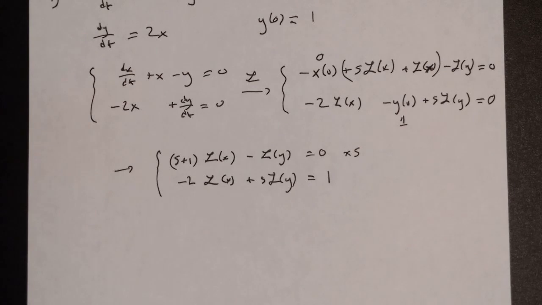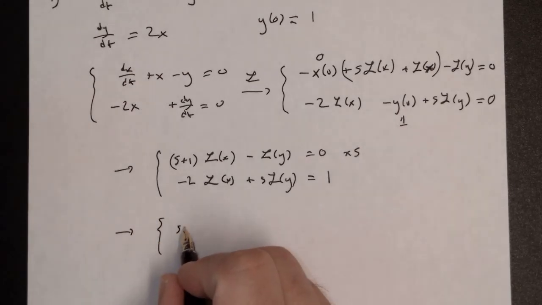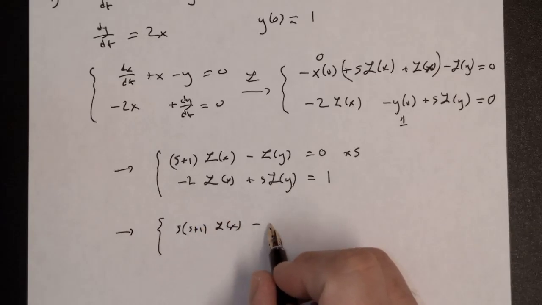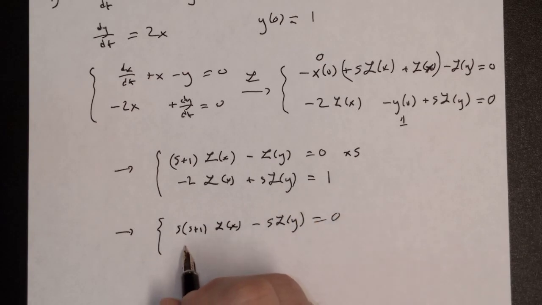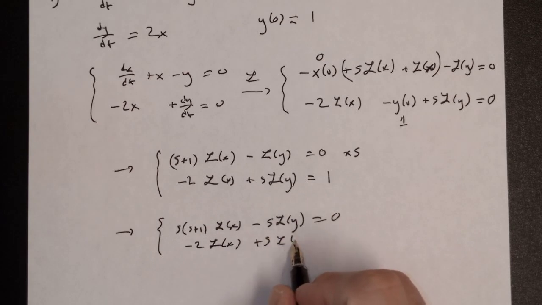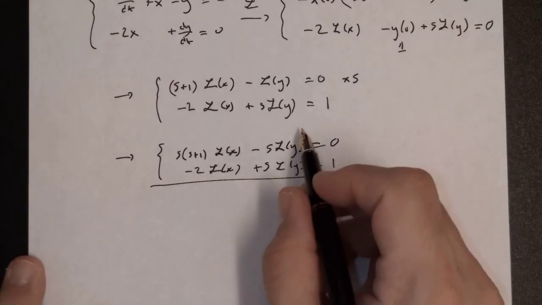Times s. And I get s plus 1 L of x minus s L of y equals 0, minus 2 L of x plus s L of y equals 1. Which means, add those equations together, these cancel.